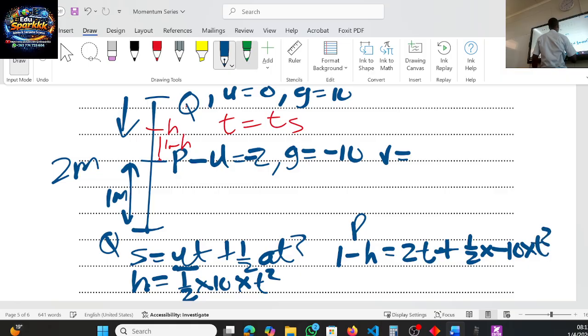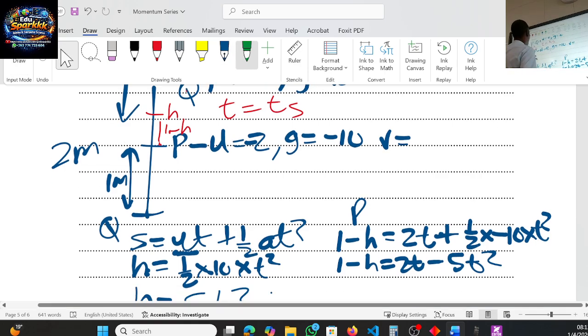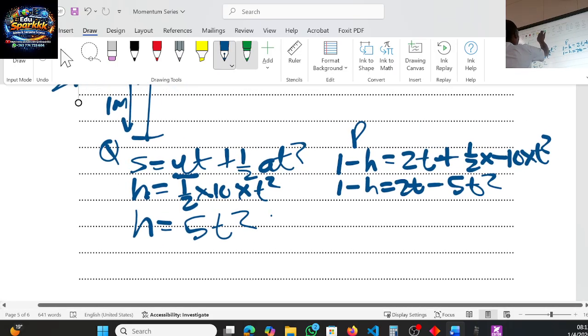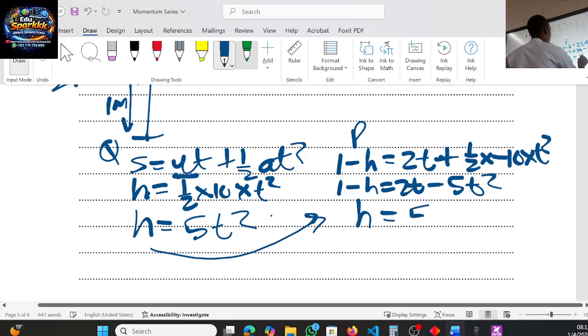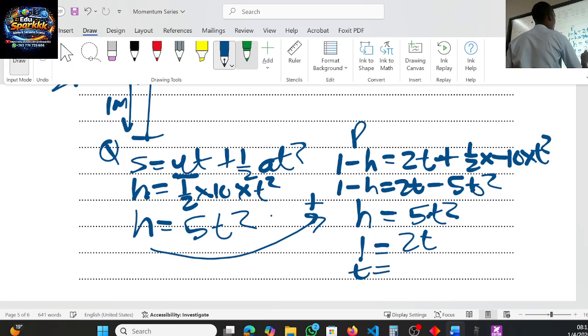When I simplify, I have 1 minus h equals 2t minus 5t squared. Now I combine these two simultaneous equations: h equals 5t squared, and this one below it. When I sum in column form, the h's cancel, the 5t squared terms cancel, and we end up with 1 equals 2t. So t is actually 0.5 seconds.